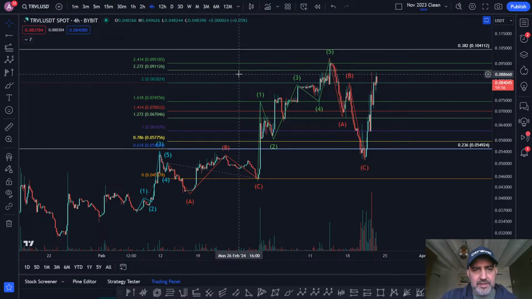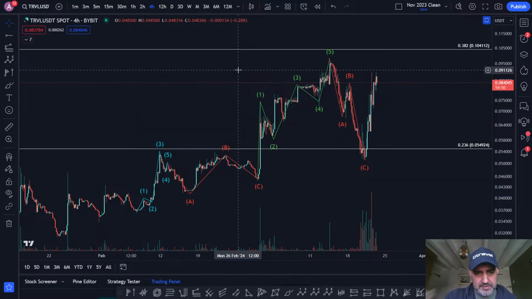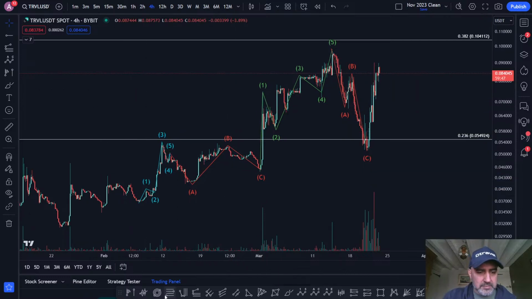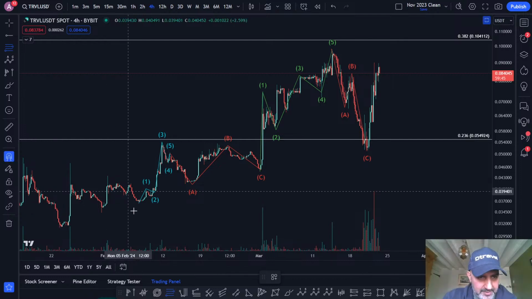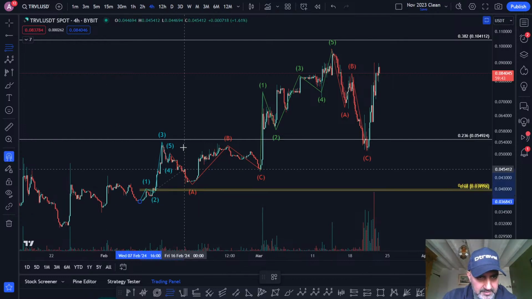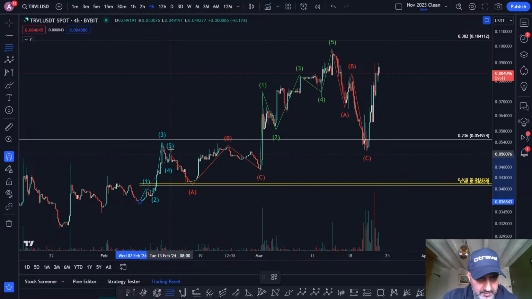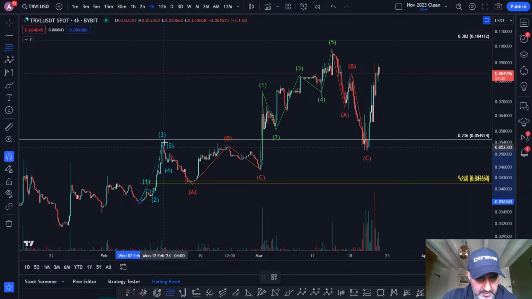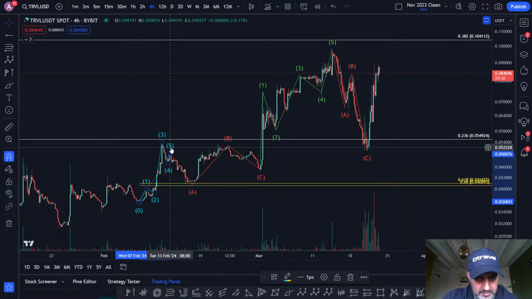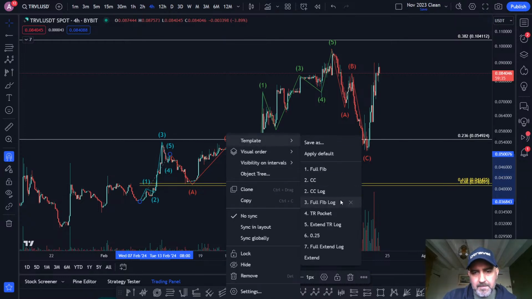So based on that idea, there are some other things to consider, and that's the corrections as well, to see how far they corrected. So from here to here, have a look.